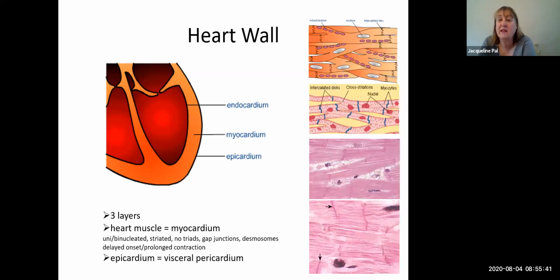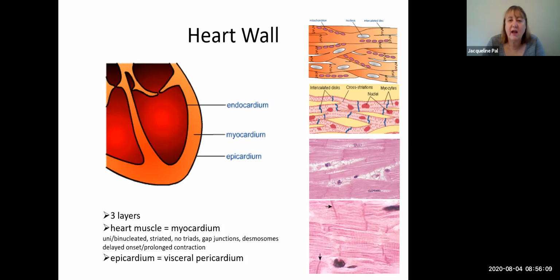And you would be correct. And that's because the parietal pericardium is the same thing as the epicardium. And which word you use depends on how the question is being asked. If you're being asked about serous membranes, you use the pericardium word. But if you're being asked about layers of the heart wall, you can use the term epicardium, which is just a lot faster to write.